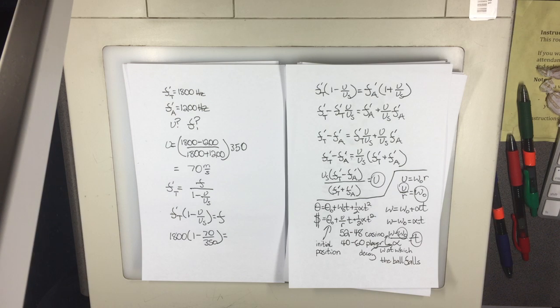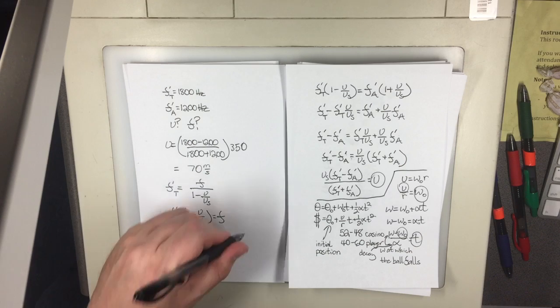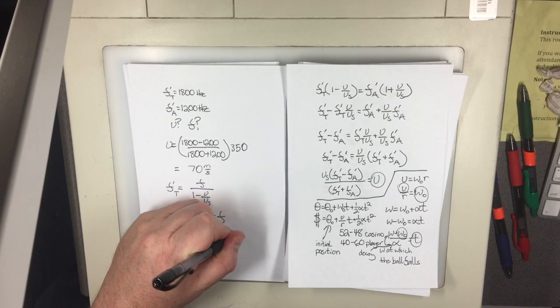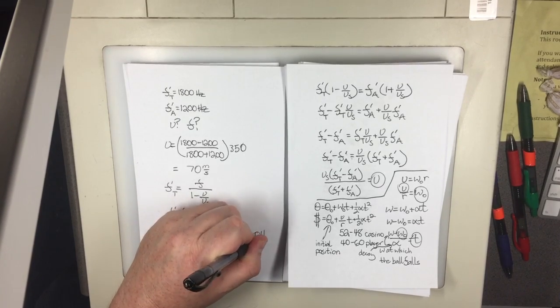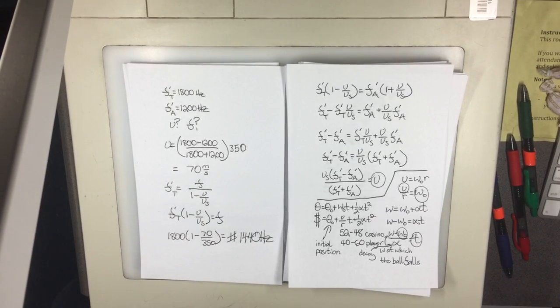Oh, wait. 1 minus 70. Gives me 1440 hertz. And so that's a solution to the Walking Dead Darrell motorcycle problem.